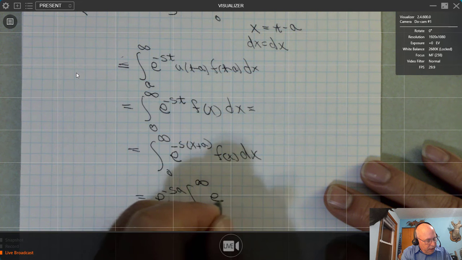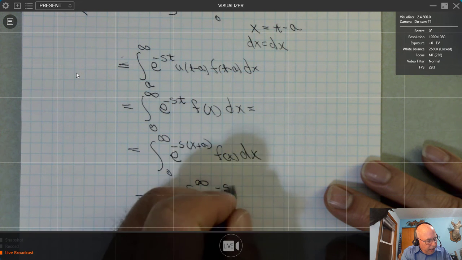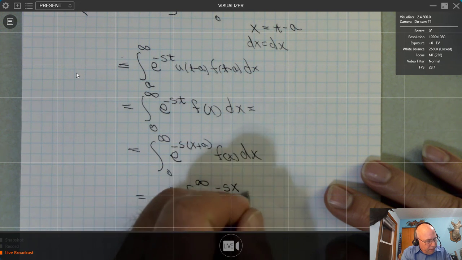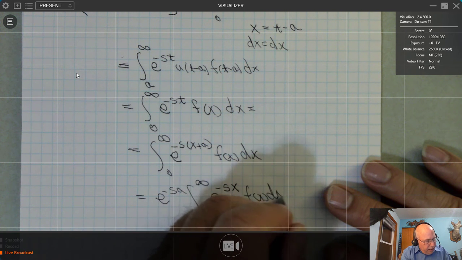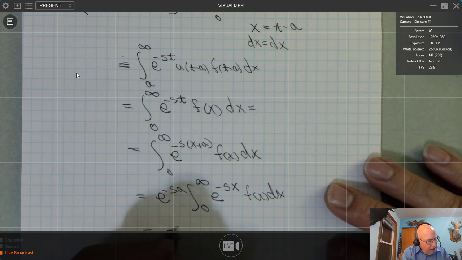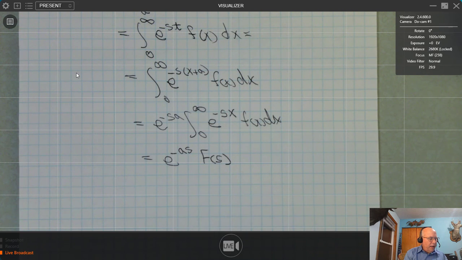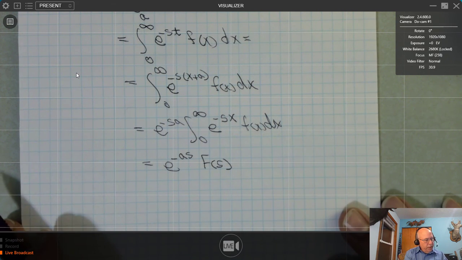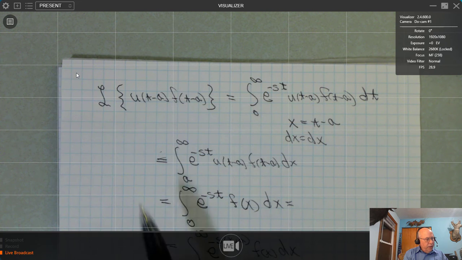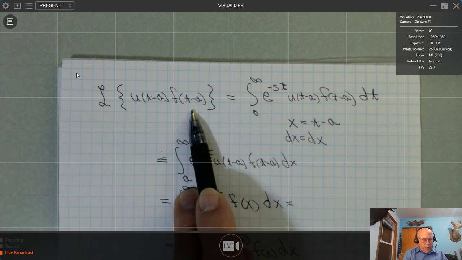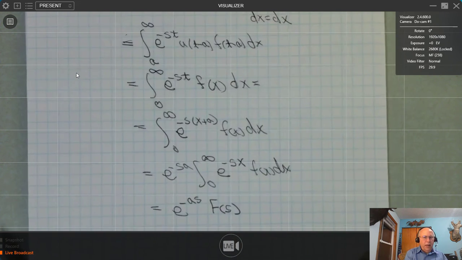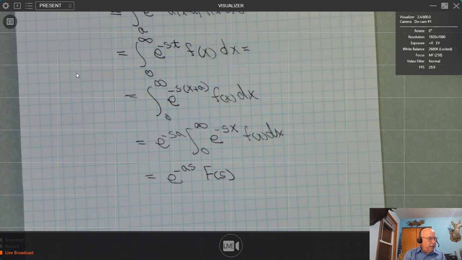We're left with e to the minus sx times f at x dx, and that is e to the minus, well, as and sa are the same, times the Laplace transform of f at t, or f at x, which we call capital F at s. So sure enough, this is indeed the right formula to transform u(t minus a) times f at t minus a, and that's the proof.